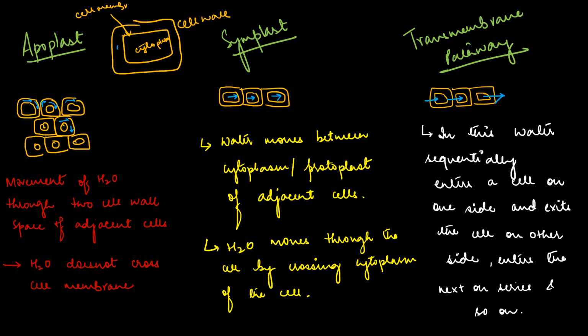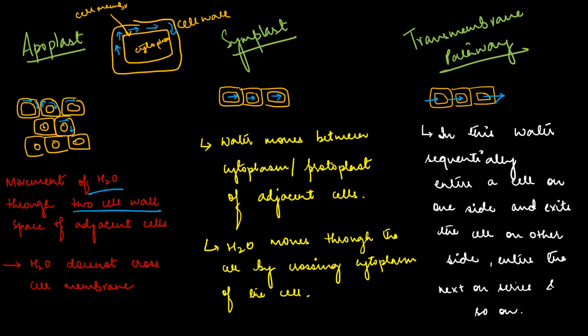Water will enter in the cell wall. That means water will travel through the cell wall. It will never come to your cytoplasm part. Means water will never enter in this area. Clear? Only the movement of water takes place through two cell walls. Right? Like you see, water never entered within the cell. So this movement of water we call apoplastic pathway.